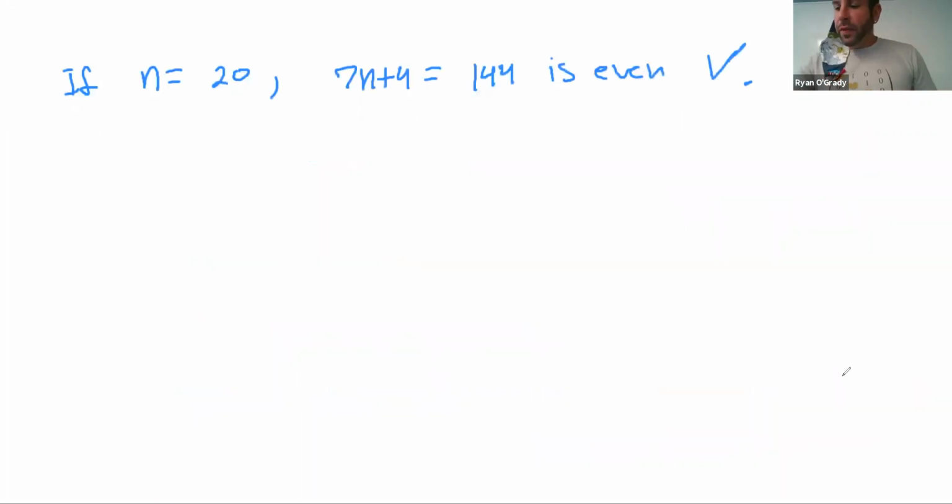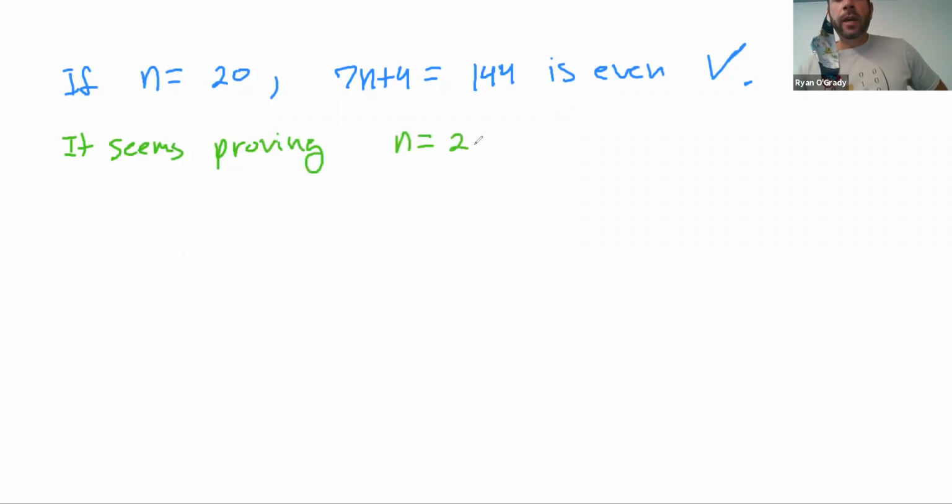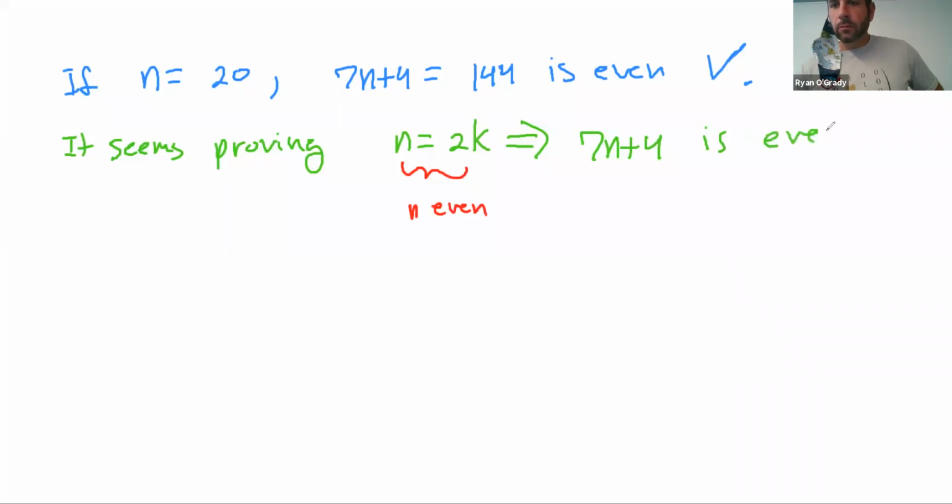So we think, and here's kind of where I'm at. It seems proving n equals 2k, that is, this is sort of math speak for n is even, implies 7n plus 4 is even might be straightforward.